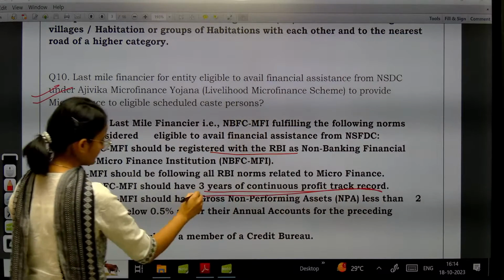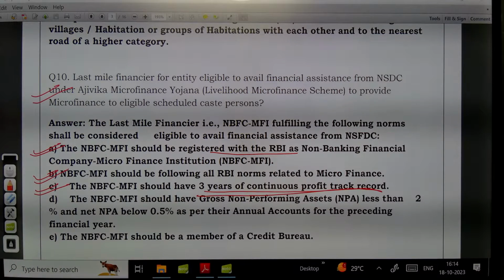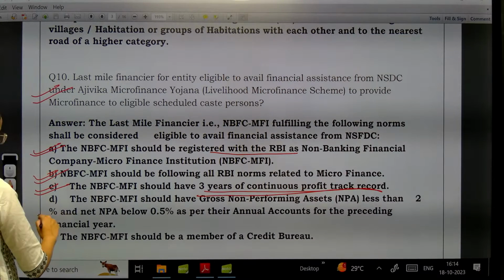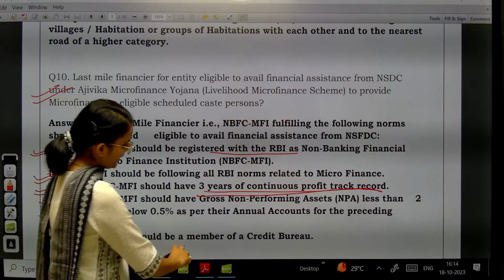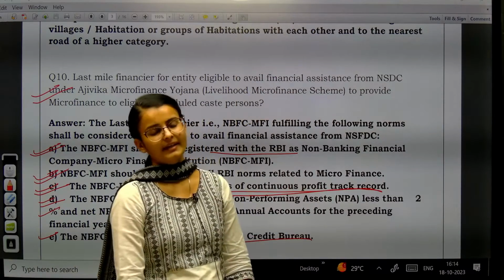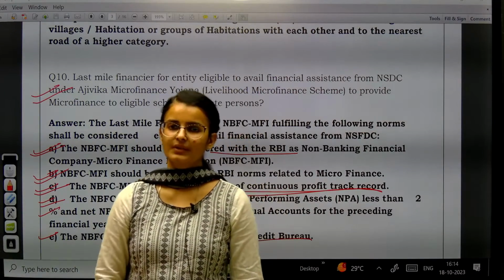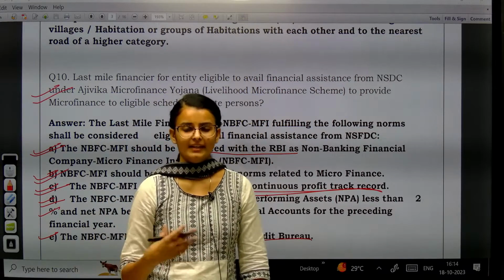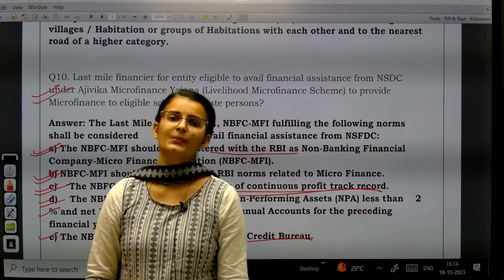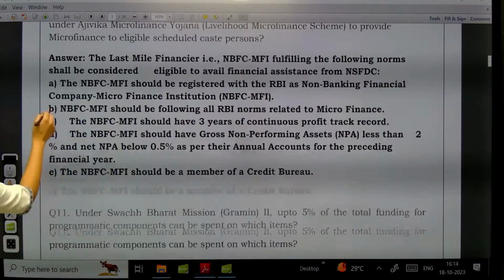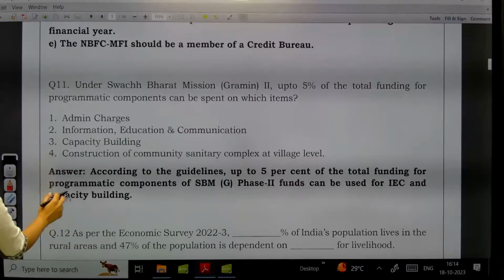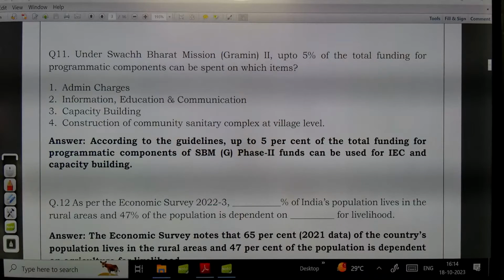The NBFC MFI should have gross NPA less than 2% and net NPA below 0.5% of the annual accounts. Also, they should be a member of a Credit Bureau. What is a Credit Bureau? Credit Bureau provides information to the lenders about the borrowers, whether they are good or not. They should be a part of any Credit Bureau company.